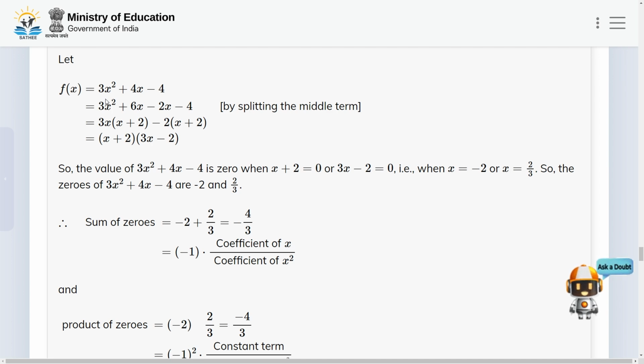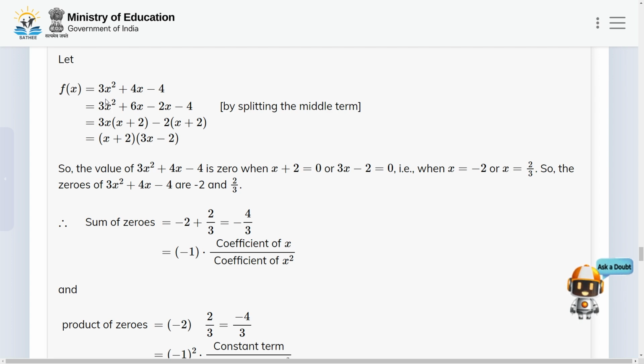Now let us verify the relation between the coefficients of the quadratic polynomial and its zeros. The sum of zeros is minus 2 plus 2 by 3, which is minus 4 by 3, and you can write this as minus coefficient of x by coefficient of x square.